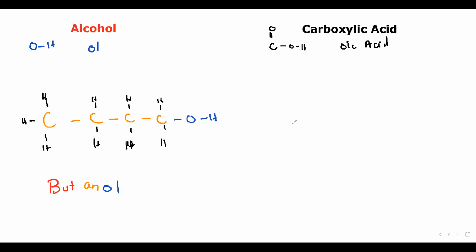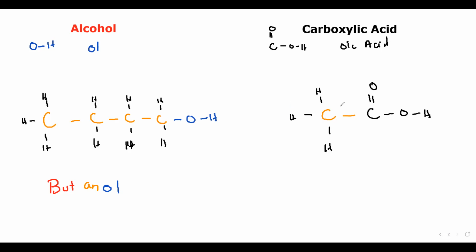Whereas if we have, say, 2 carbon atoms, so C double bonded with O and OH is there, and next to that is only 1 carbon. So this will have 3 hydrogen atoms. 1, 2, 3.